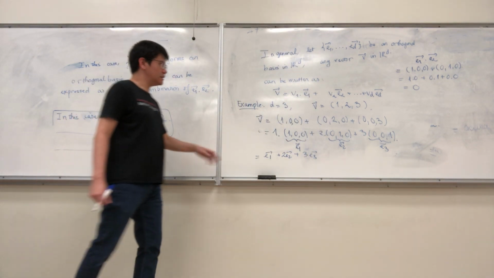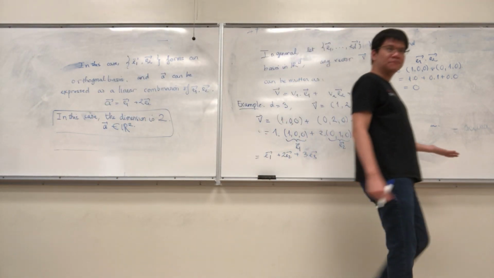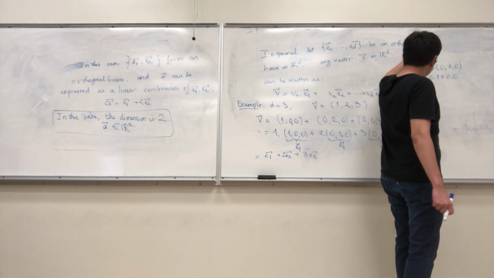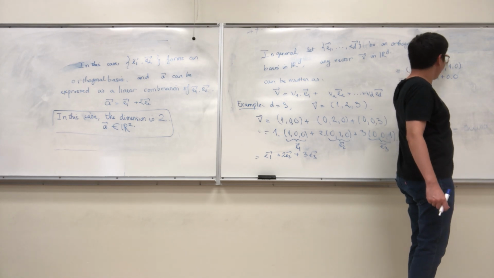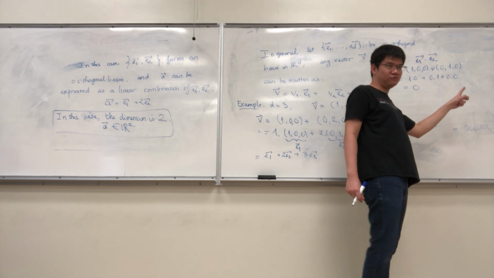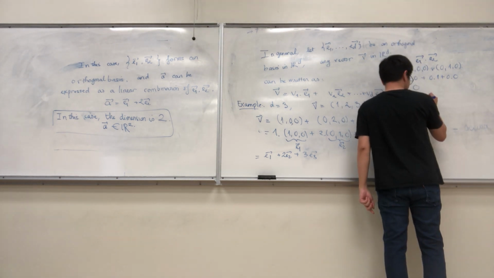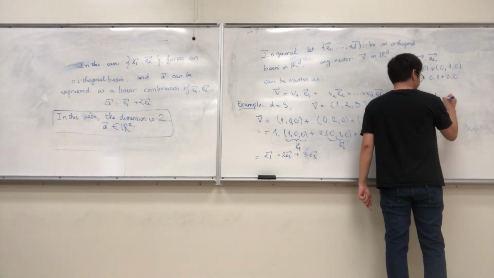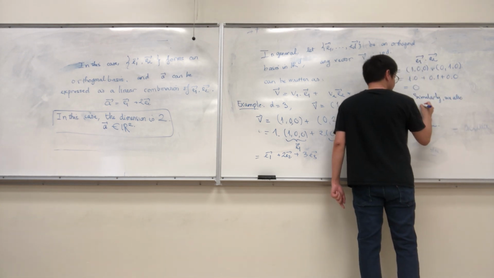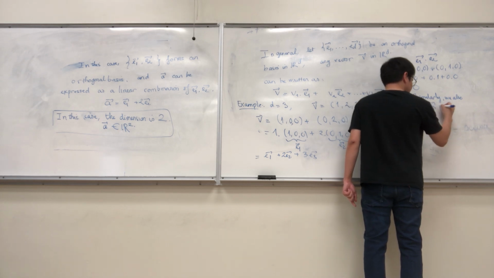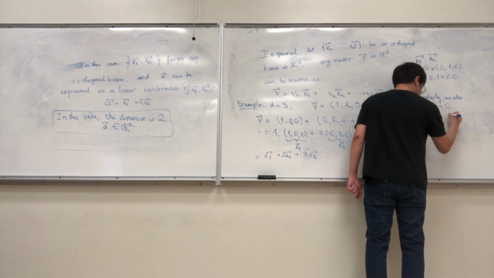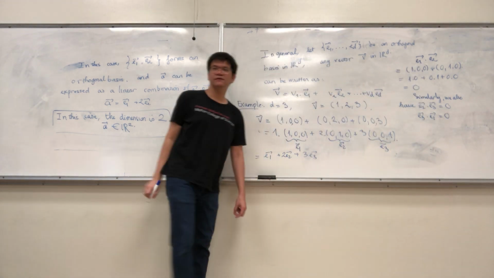I'm going to check if they are orthogonal. So I multiply E1 and E2, so I'm going to get 1, 0, 0 times 0, 1, 0, that gives me 0, all right? Which means that they are orthogonal. Similarly, we also have E2 times E3 is 0, and E3 times E1 is 0, right?